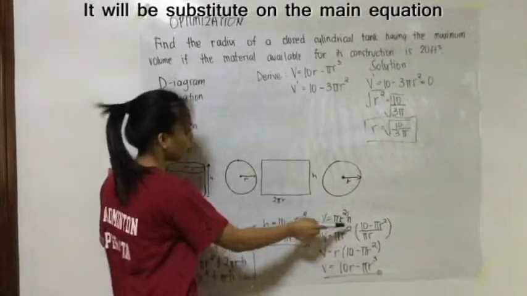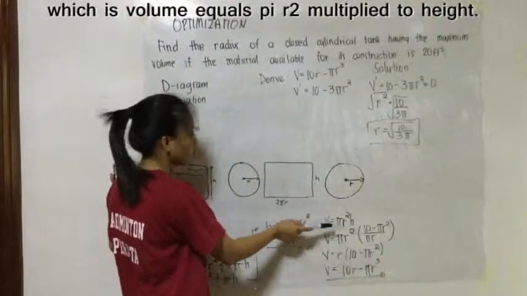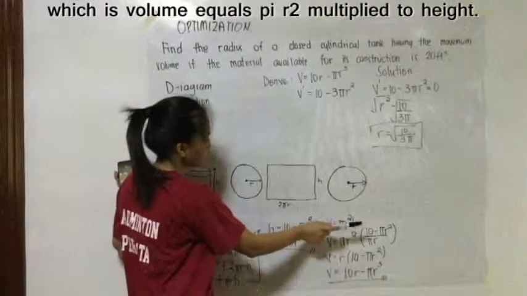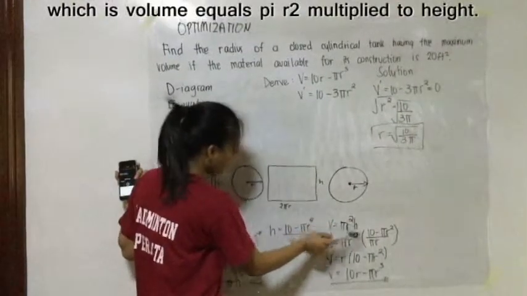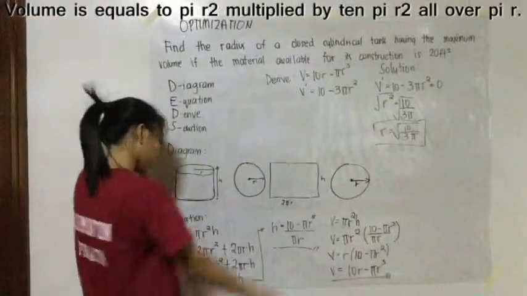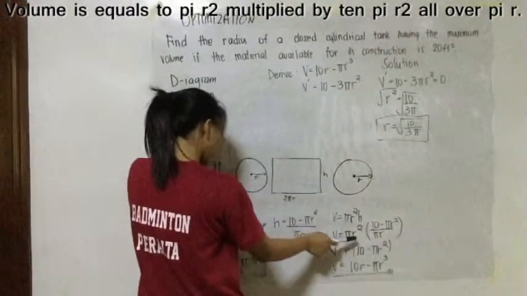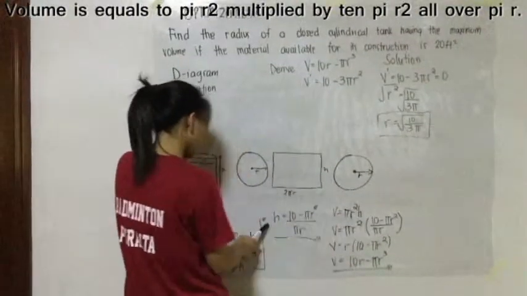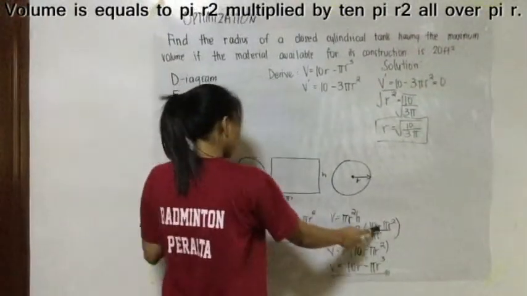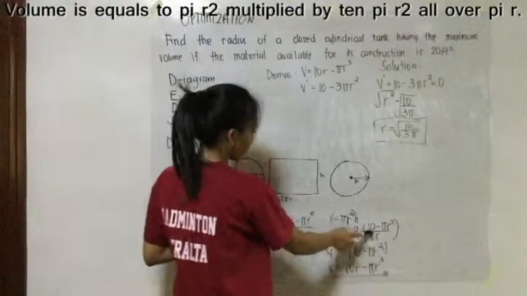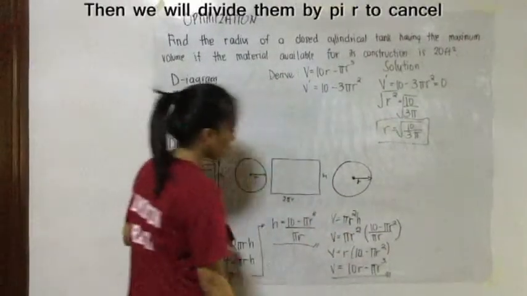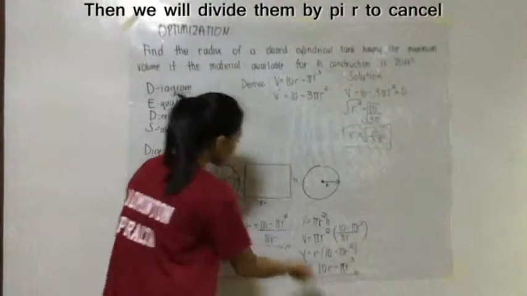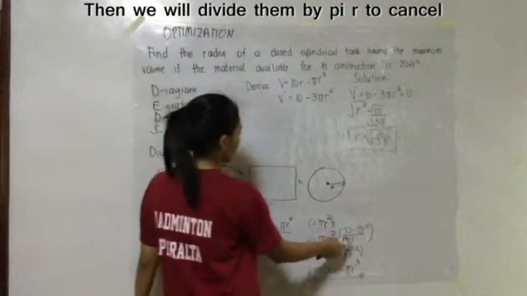Ipapasok mo siya sa pinaka-equation, which is v is equals to pi r squared h. So, volume is equals to pi r squared multiply yung h mo. Ano ba yung h mo? 10 minus pi r squared all over pi r. Tapos, di-divide mo sila ng pi r para makancel tong baba tsaka to.